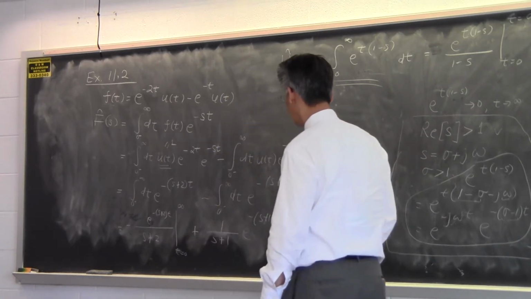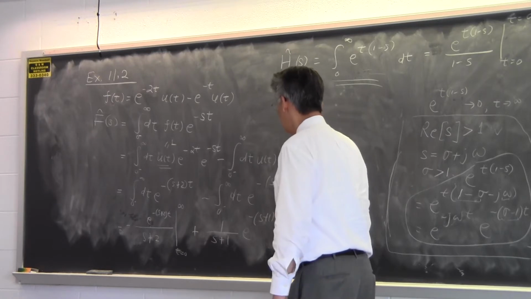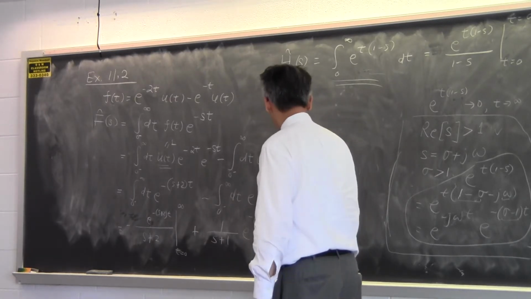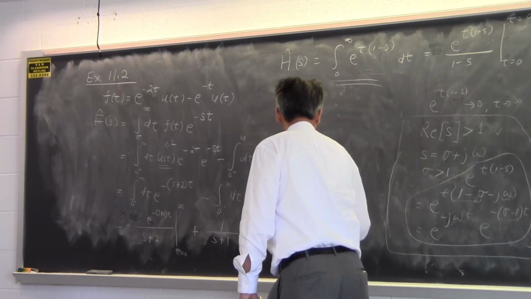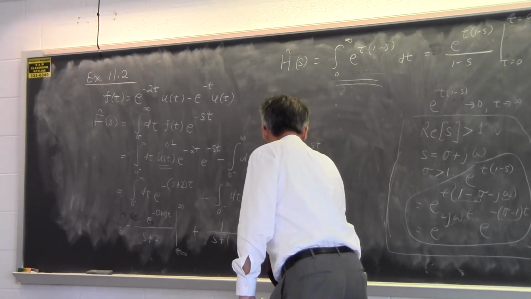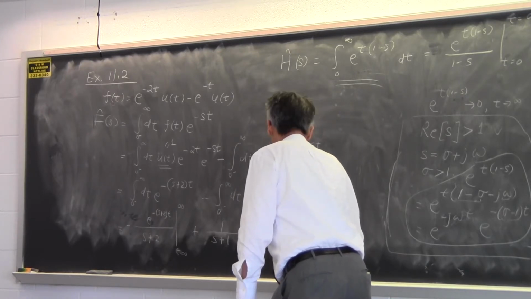Okay? So the first one would converge and become 1 over s plus 2 if the real part of s is larger than minus 2.